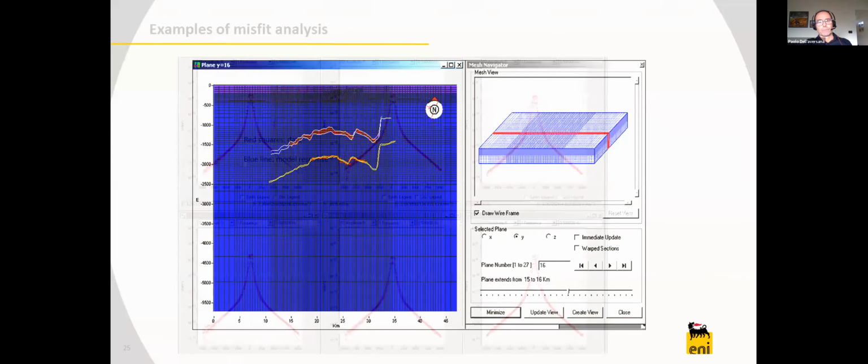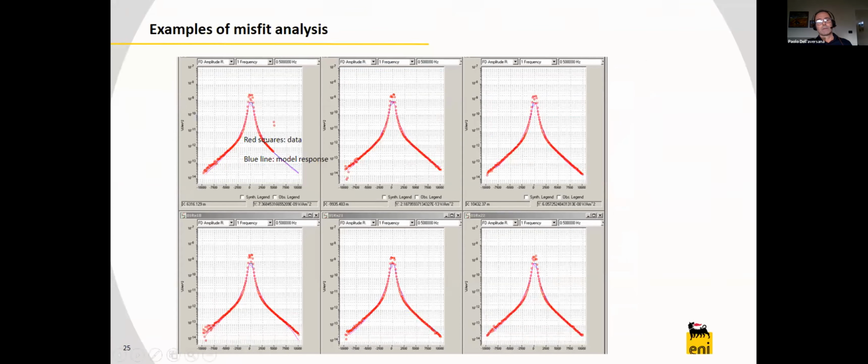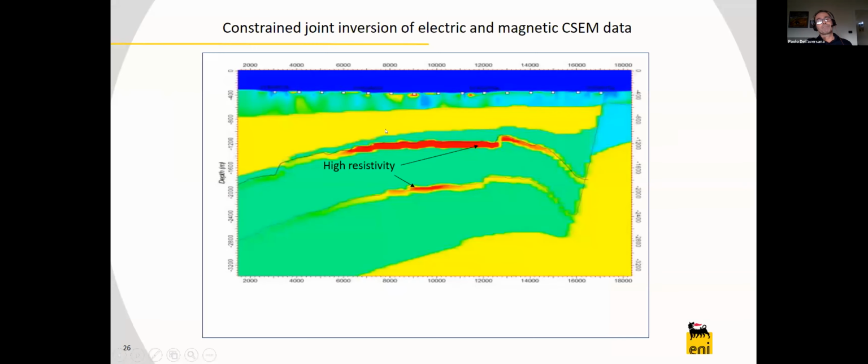This is just a set of examples where we fit the observed electromagnetic response, the magnitude versus offset electric response. So this is the blue line, that is the model response, and the red squares represent the observed CSEM data. And you can see that the fit is pretty good just by trial and error forward modeling.